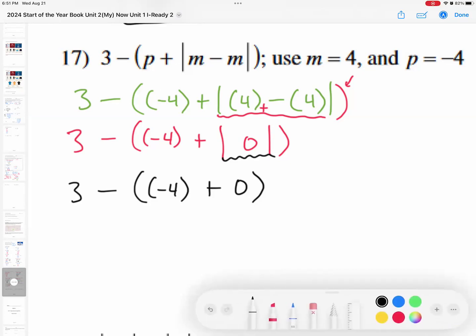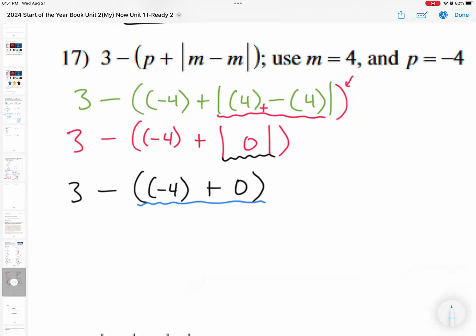Now that we've done the absolute value, inside of this outer grouping compared with the original, -4 plus 0 is -4. Again, we just keep dropping down everything else. Work your way from the innermost to the outermost.